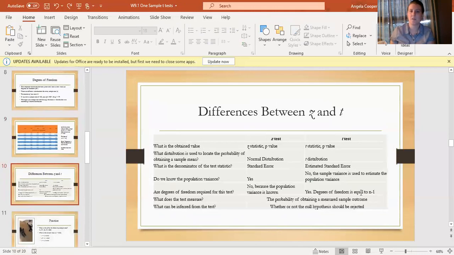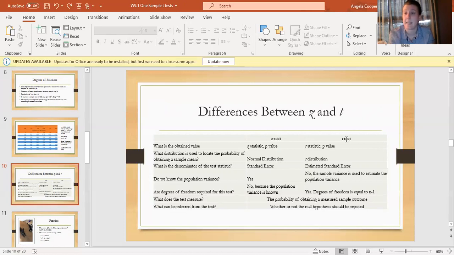Okay. So here are some important differences between Z and T tests. For the obtained value, you have the Z statistic for a Z test, the T statistic for a T test. In the table itself for a Z test, you'll get the p-value. You will not get the p-value from a T table. You get the critical values. The distribution that Z tests use is the normal distribution, or the Z distribution if you want to call it that.